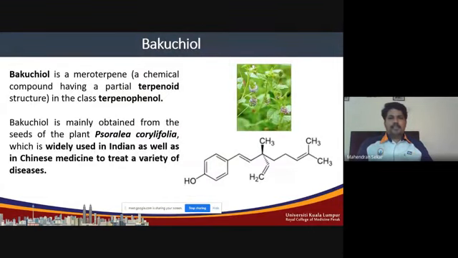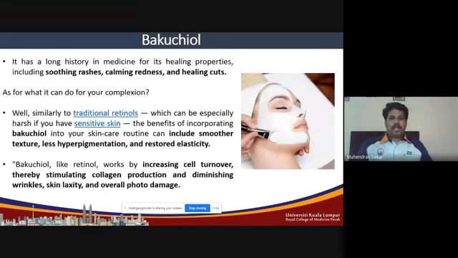This plant is mainly available in China and India, but in China they came up with this product, and came to know the active ingredient present in this plant, that is bakuchiol. This has been used as a replacement for retinol, because retinol gives some kind of toxic effect, and it is not suitable for many skin types, because it gives some redness and irritancy to the skin. But bakuchiol overcomes those disadvantages produced by retinol.